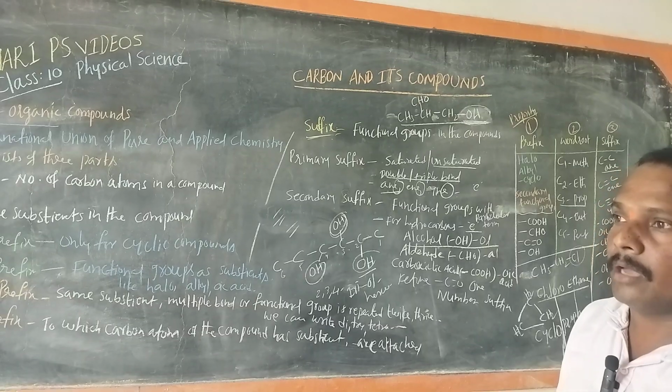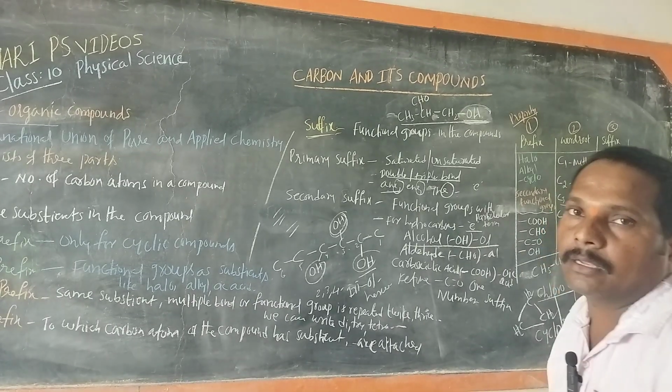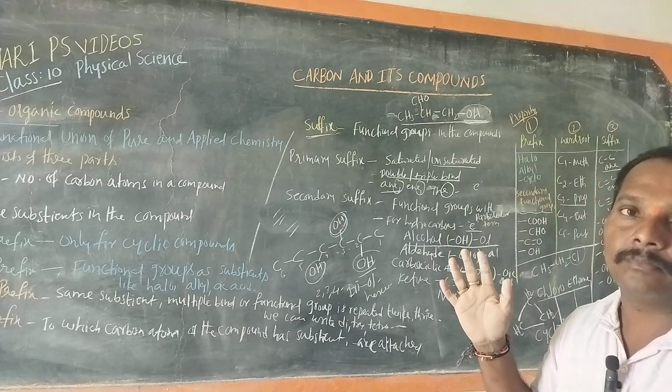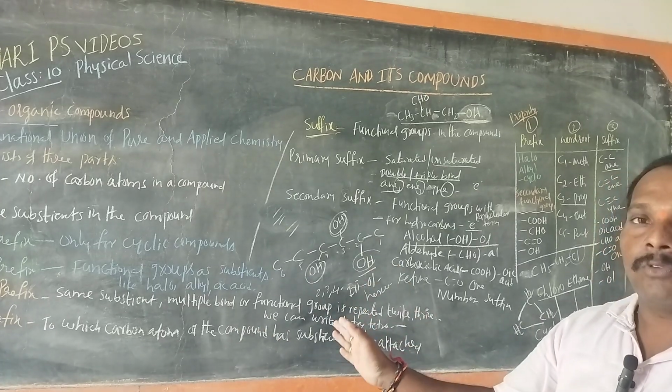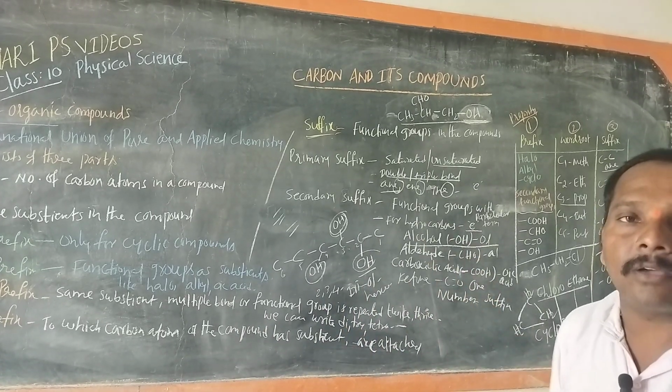The name of an organic compound has 3 parts: prefix, then the middle part word root, then the third part suffix.